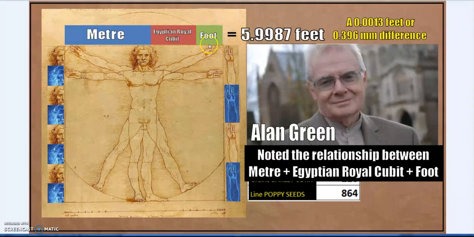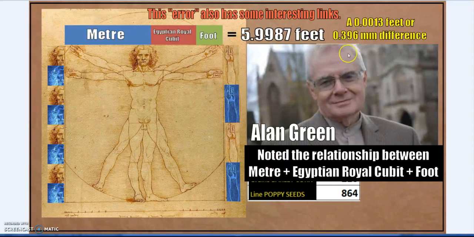Now what that means is if you were to insert 1 human hair in between each of these 3, it would equal 6 feet precisely. That's how precise it is. So the number might not look like it matches, but in all but laboratory conditions, this is 6 feet, which brings us back to 864 poppy seeds. Now, even this margin of error is repeated in other places and very interesting connections.